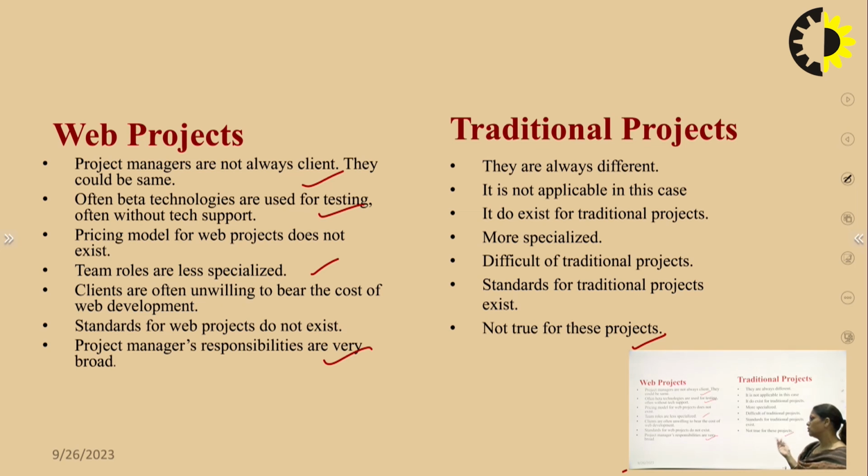There we are strict on scope, we just work within that scope and create the project. In web projects we are very broad, we can cover all aspects, and the scope is also broad. So we can easily differentiate how web projects differ from traditional projects.